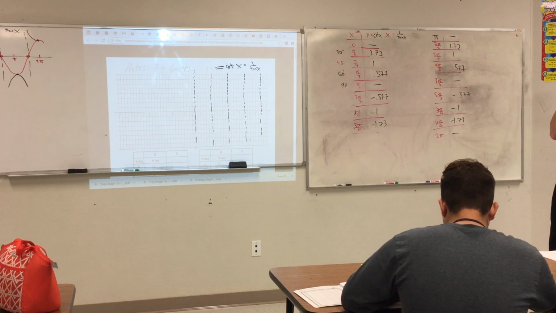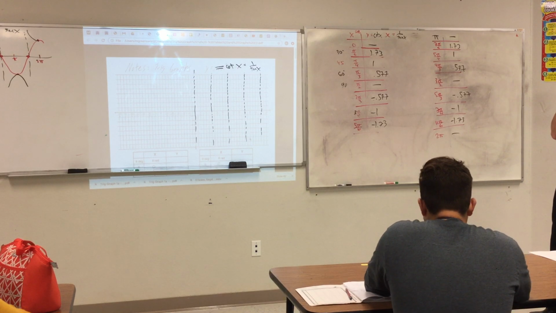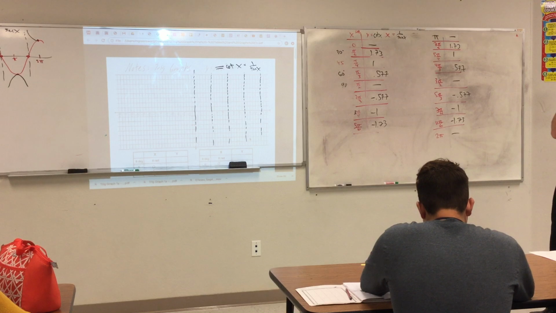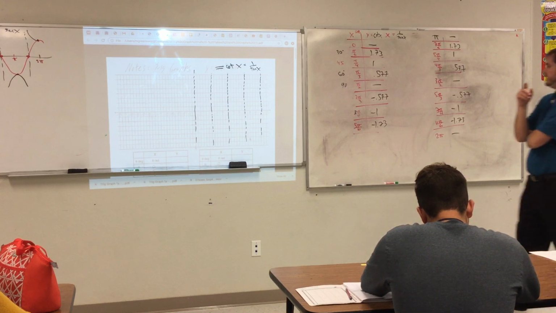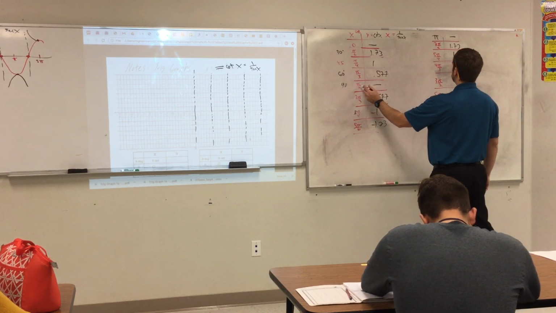Those are 0. Is pi over 2 and 3 pi over 2 supposed to be 0? Someone's 0, yeah. Well, okay. I think it's the pi over 2 one.